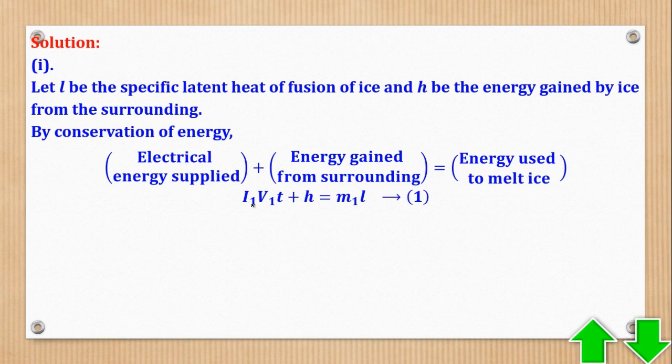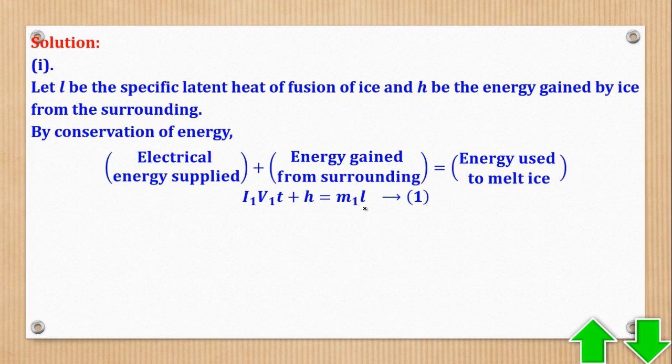Therefore it will now be, because it is now not rate. If it was rate, it would have been IV, but now it is heat, so that is why there is IVT plus H equal to, like I've said, we use small h if it is just heat. If it was rate of heat, it would have been capital H. So IVT plus H is equal to ML.